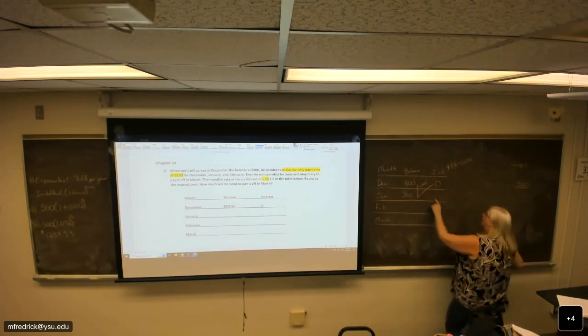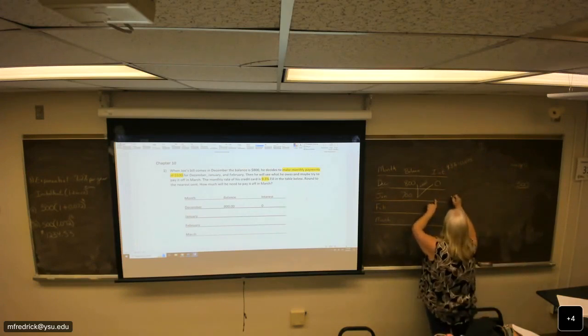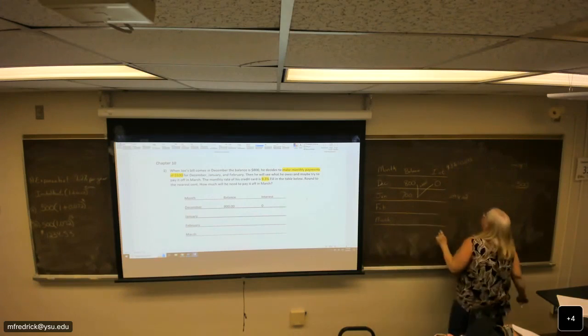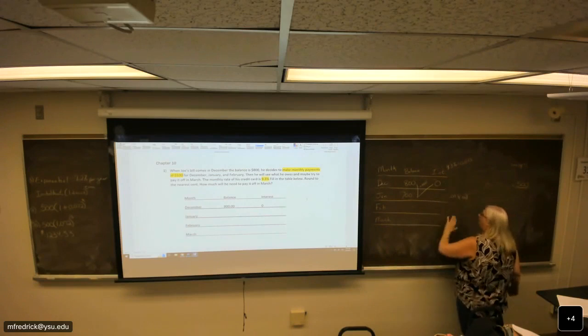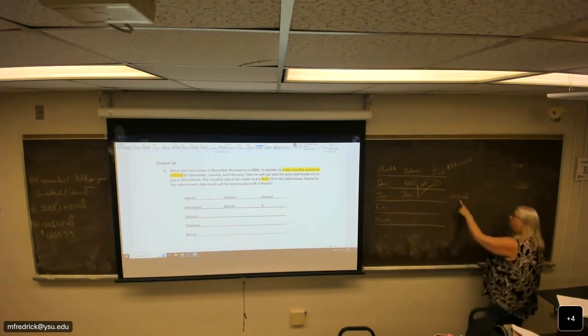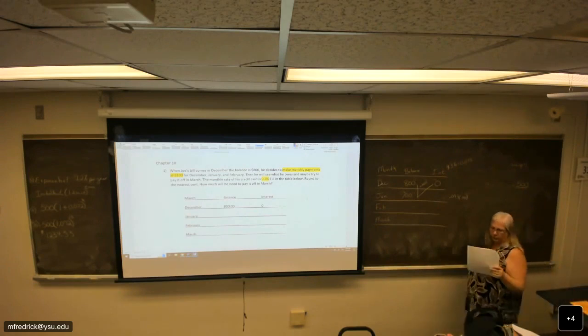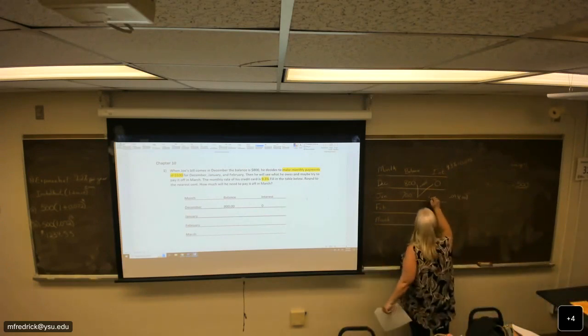To find the interest, we take 0.093 times 700. Because 9.3% of 700 means to multiply. Get 65.10? Yep.